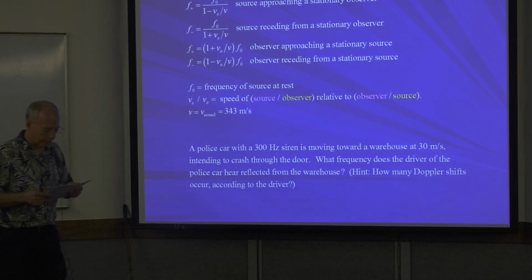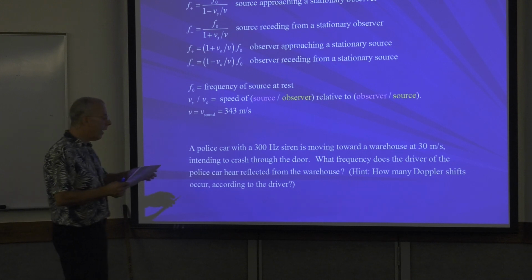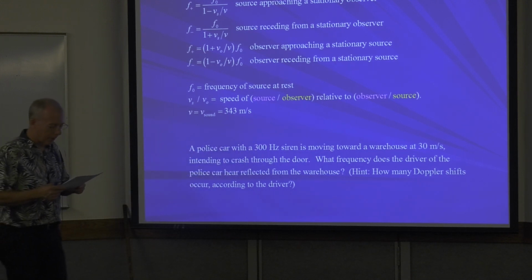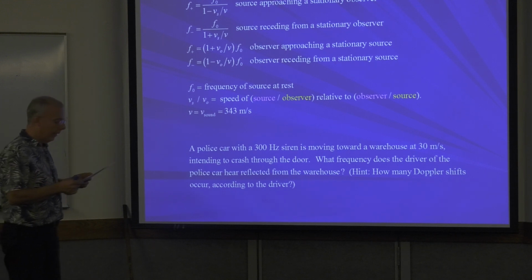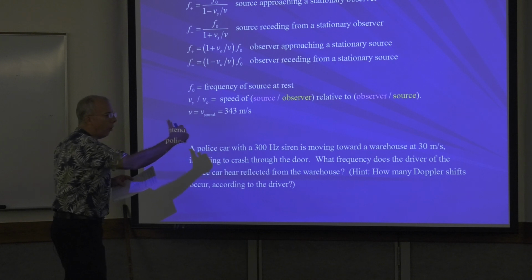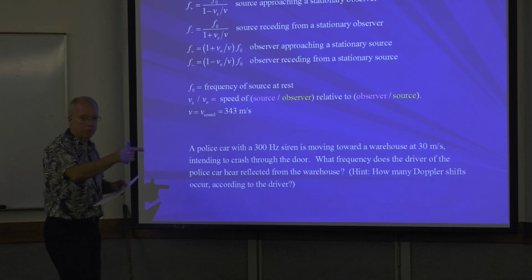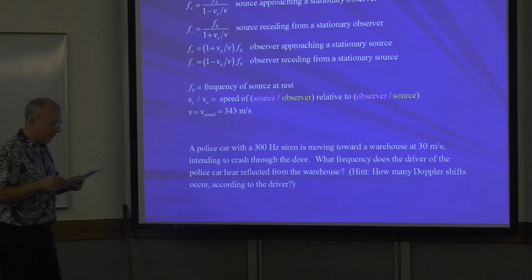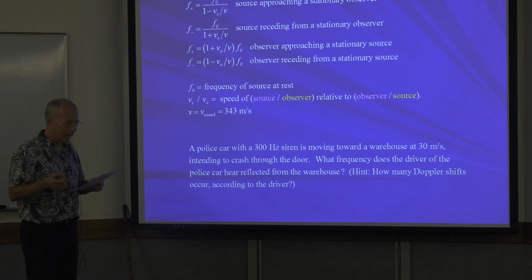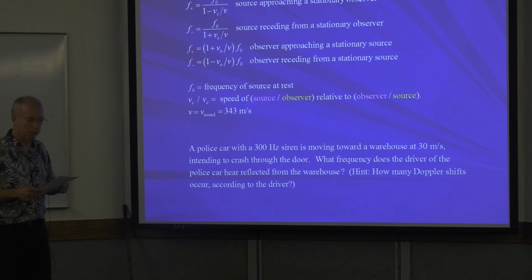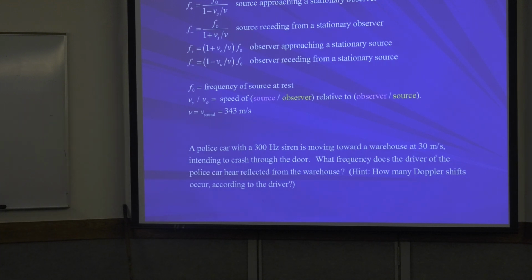Okay. Then the sound wave gets reflected away from the warehouse, and the sound wave is moving toward the moving police car. So the second Doppler shift is at the car, where the driver of the car is the observer. All right, so let's do that.